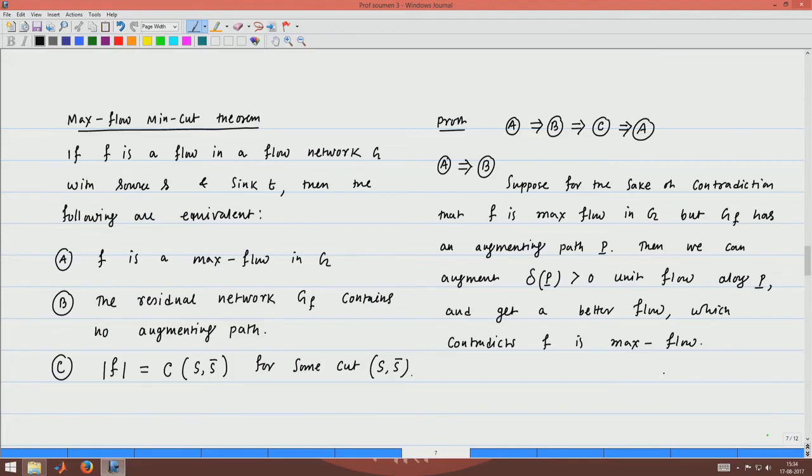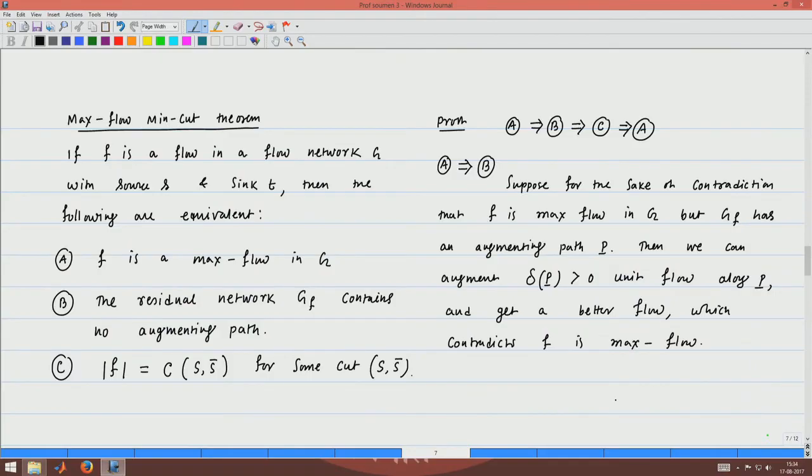So what we have proved is that if F is a maximum flow, then there can't be an augmenting path in the residual network G_F. This is A implies B.